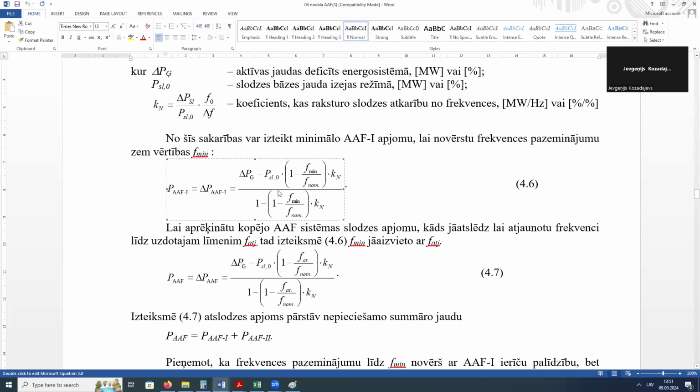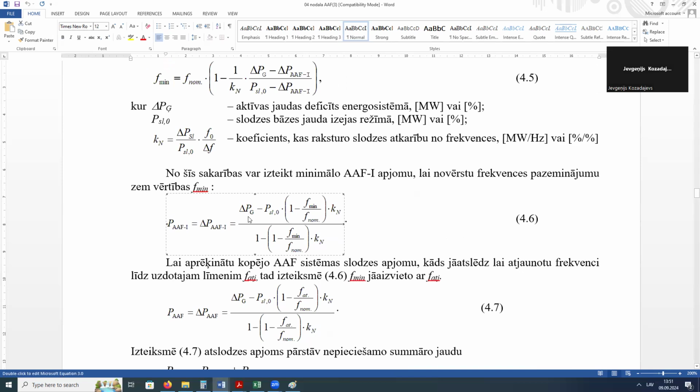What we got is this: this is the possible deficit, this is the nominal load power, this is the nominal frequency, this is the minimal possible frequency, and this is, as I said, the load reaction to the frequency drop. Using this formula, we can understand what power could be connected to the AFR automation.